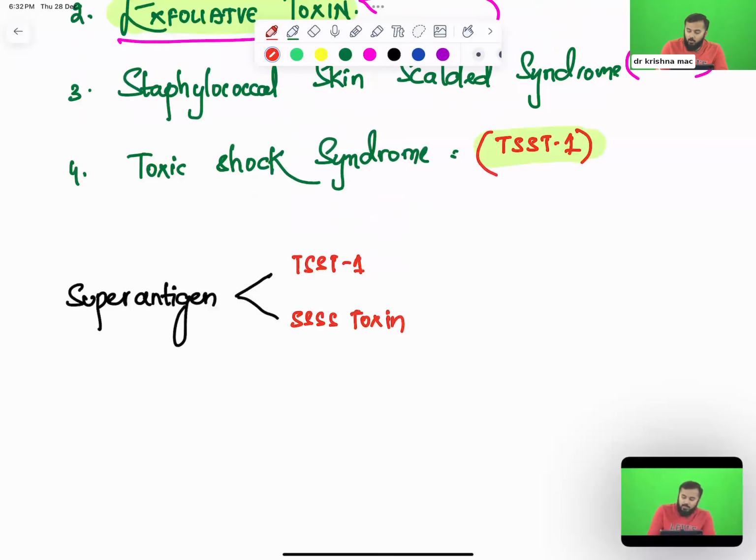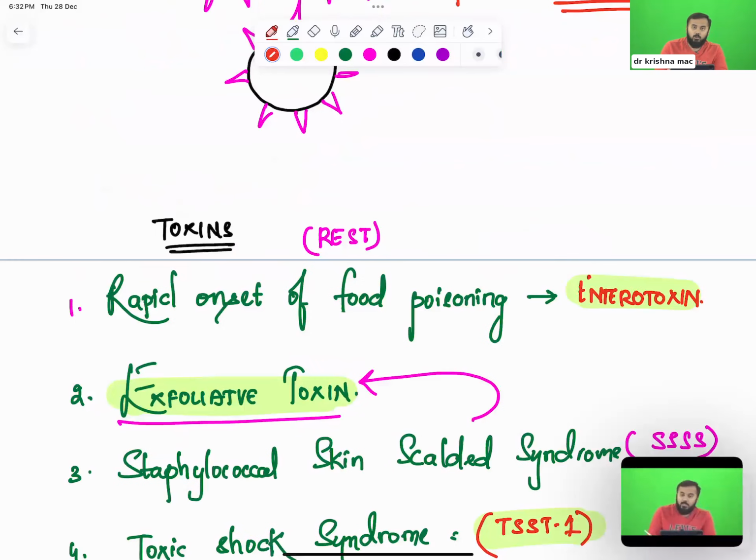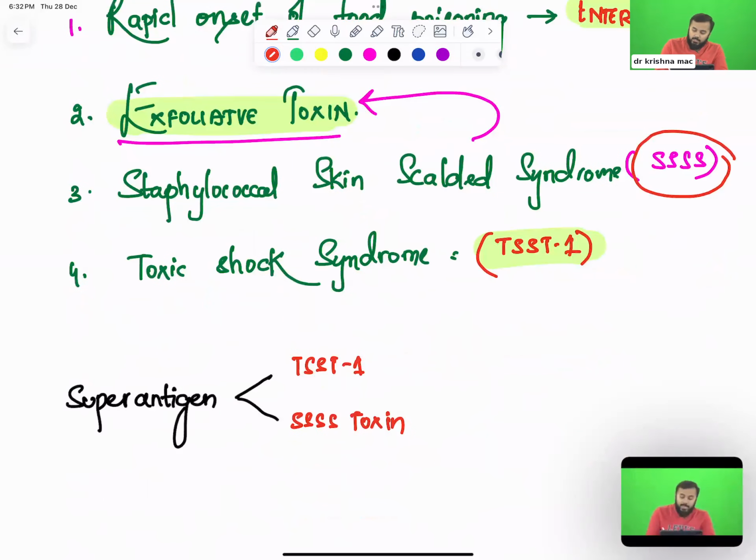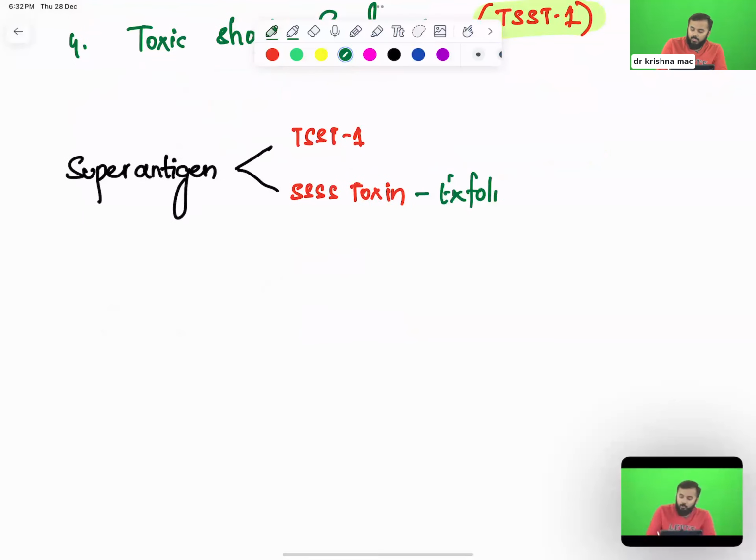मतलब स्टेफाइलोकोकल स्किन स्काल्डेड सिंड्रोम कॉजिंग टॉक्सिन, उसका नाम क्या है? एक्सफोलिएटिव टॉक्सिन. So that is nothing but your exfoliative toxin. So these are the 2 important toxins which are called as super antigens. These toxins here are called as what? These toxins here are called as superantigens. Is everyone clear?